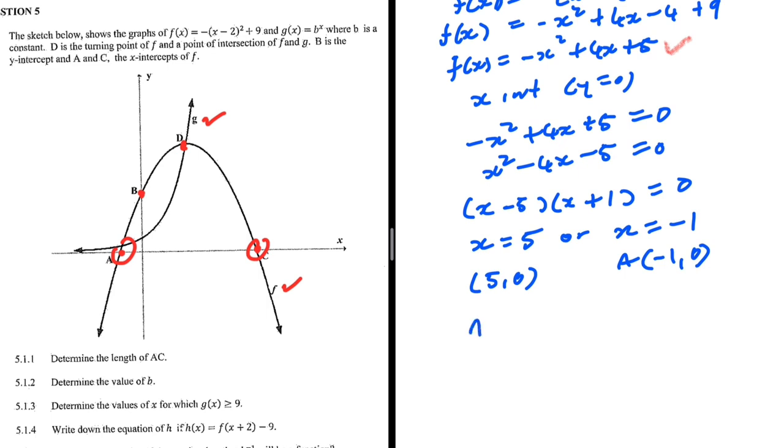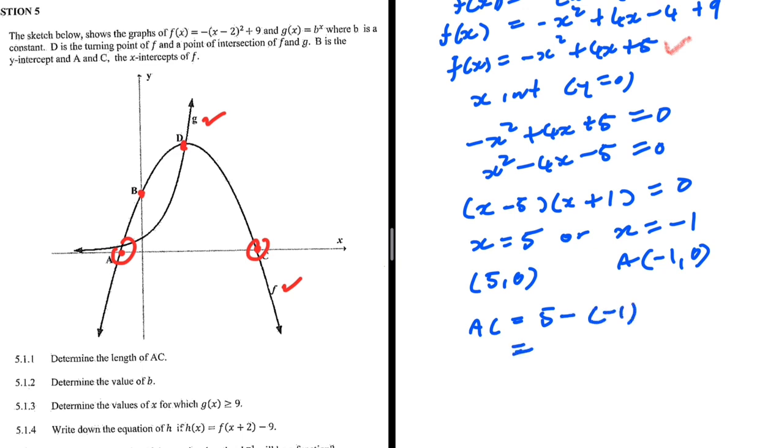So AC will be equal to, we don't necessarily need to use the distance formula here because at A, y equals 0, and at C, y equals 0. So we can just say that AC equals 5 minus (minus 1).